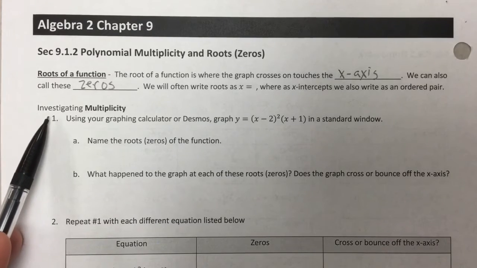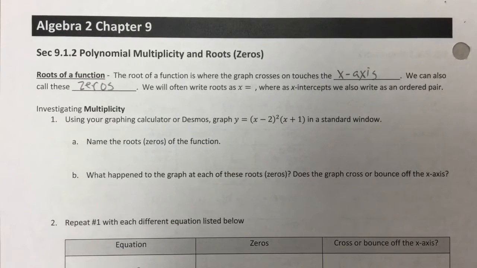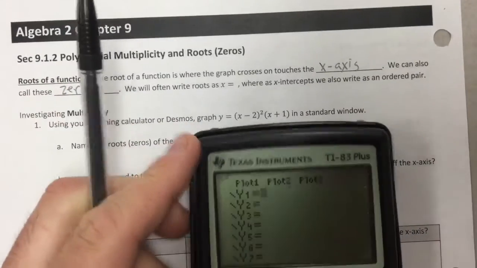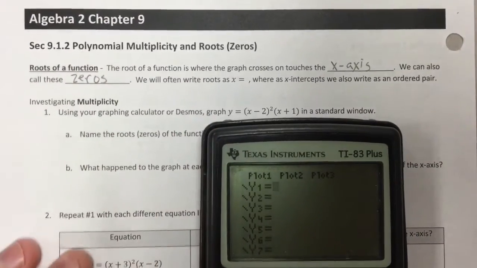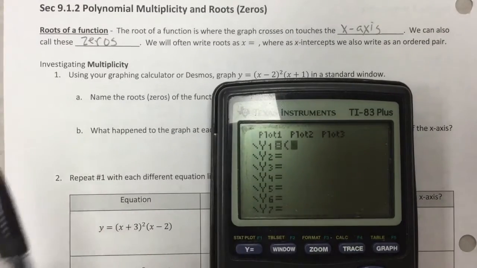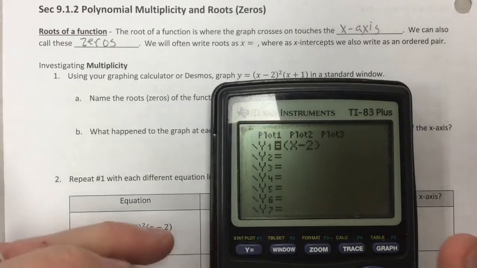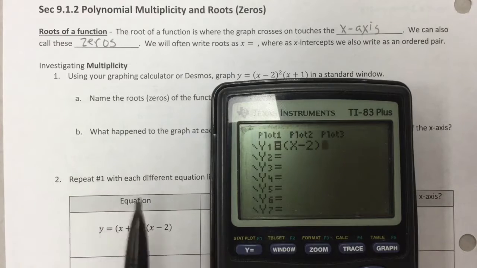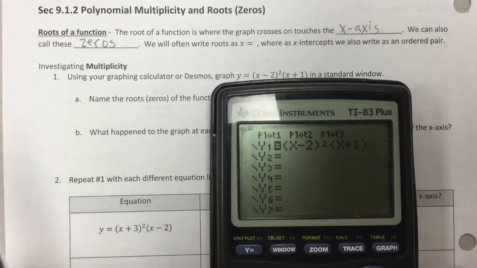All right, investigating now multiplicity. So using our graphing calculator Desmos, we're going to graph this equation here. So x minus 2 quantity squared times x plus 1.